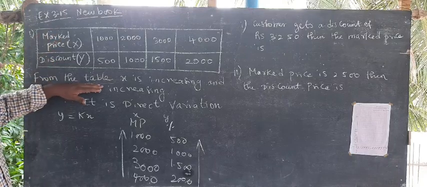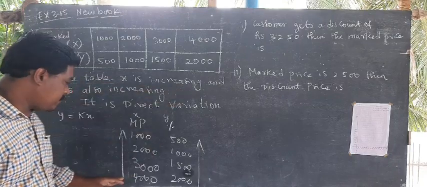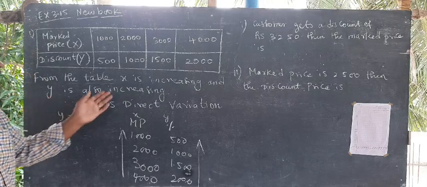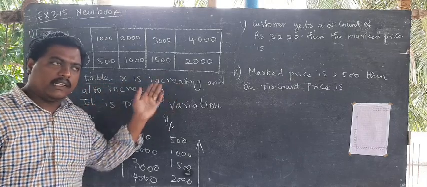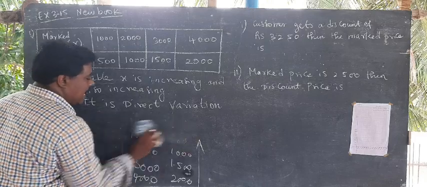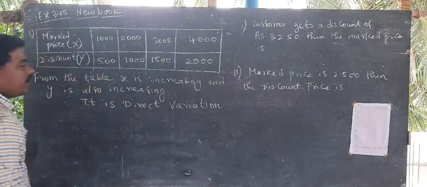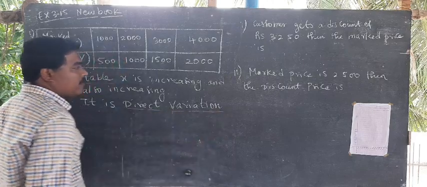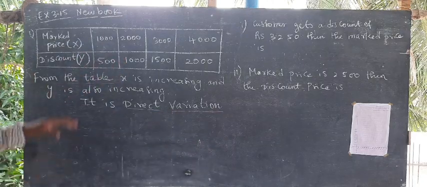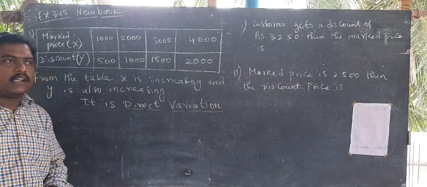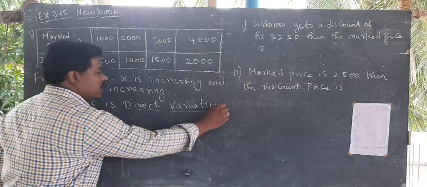From the table, X is increasing, Y also increasing. That is, market price is increasing, discount also increasing. Therefore it is direct variation. In the examination, forming the table is 1 mark, and mentioning direct variation is 1 mark.